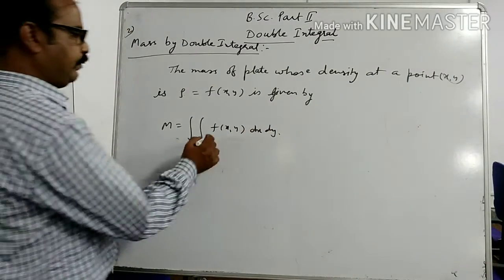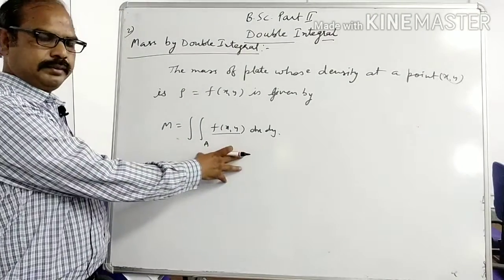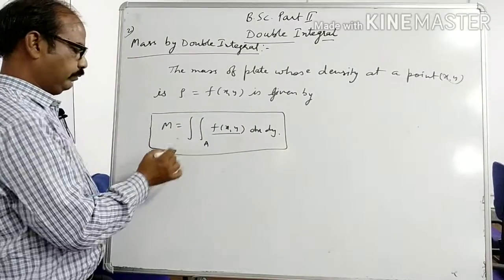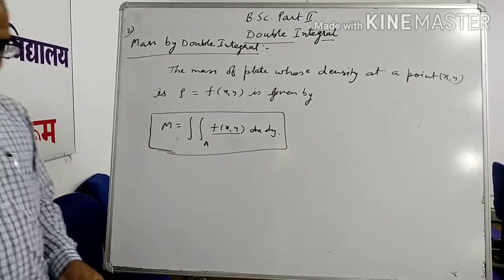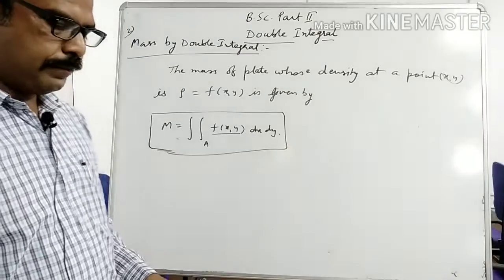So if f(x,y) is the density, then this double integral is the formula for mass of a plate. Now we will discuss some examples.